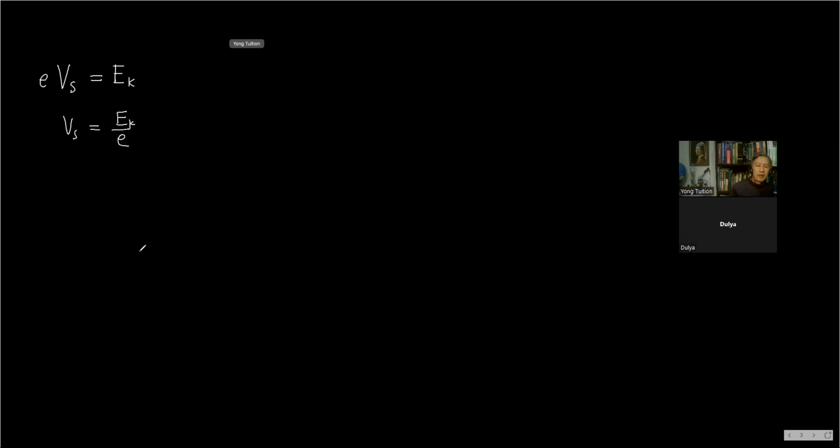According to our experimental data, Vs is a linear function with a gradient, in terms of the cutoff frequency, or threshold frequency, or critical frequency. Then we compare with Einstein's idea. That is an experiment.